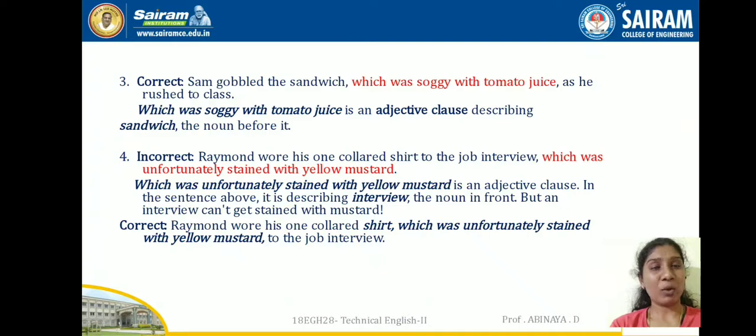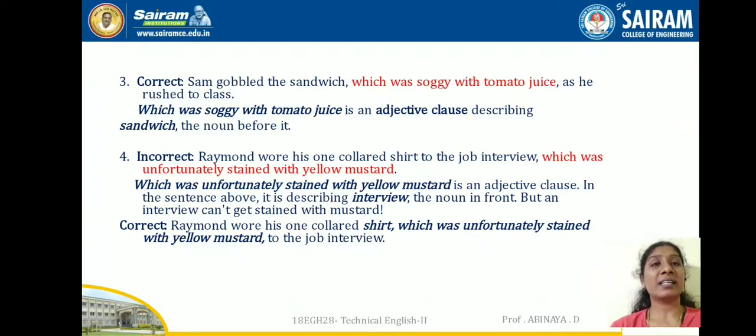So obviously it modifies the sandwich. It is an adjective phrase, and adjective phrases usually modify a noun, right? The sandwich was soggy with tomato juice. So the modifier is near the word it modifies. So it is a perfect sentence.